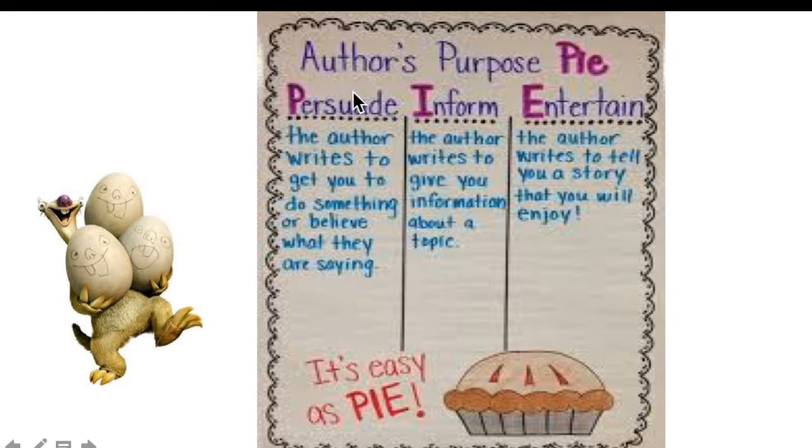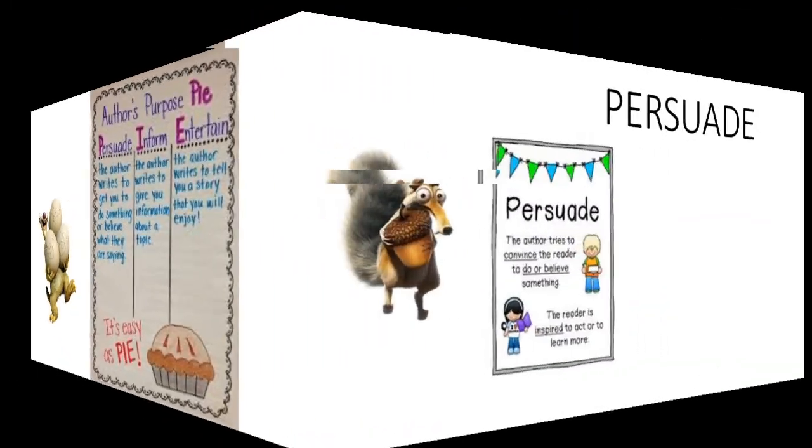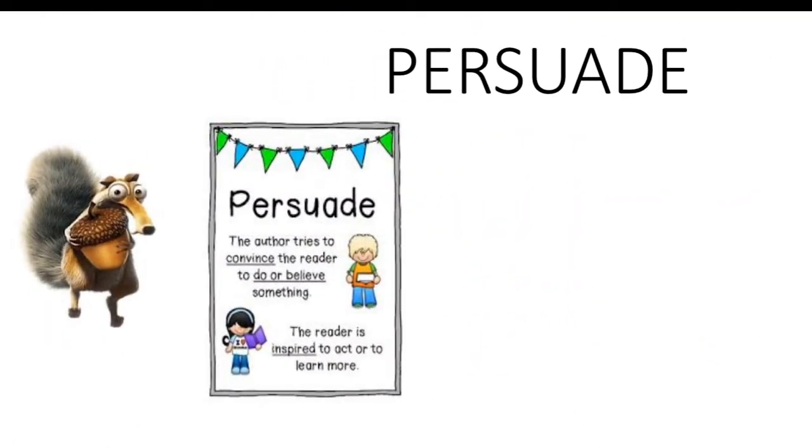Yeah, it's as easy as pie. Remember, author's purpose is as easy as pie because the beginning letters are showing us the most important reasons why the authors write the story: to persuade, to inform, and to entertain. I will explain now one by one.